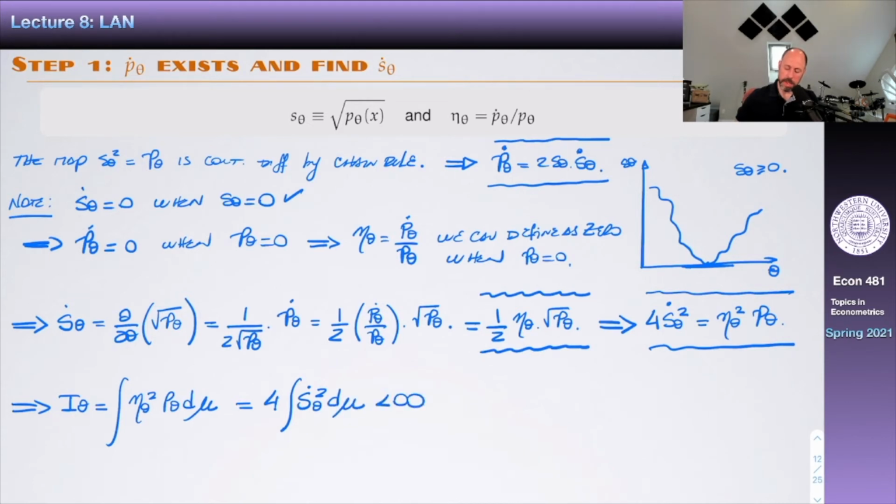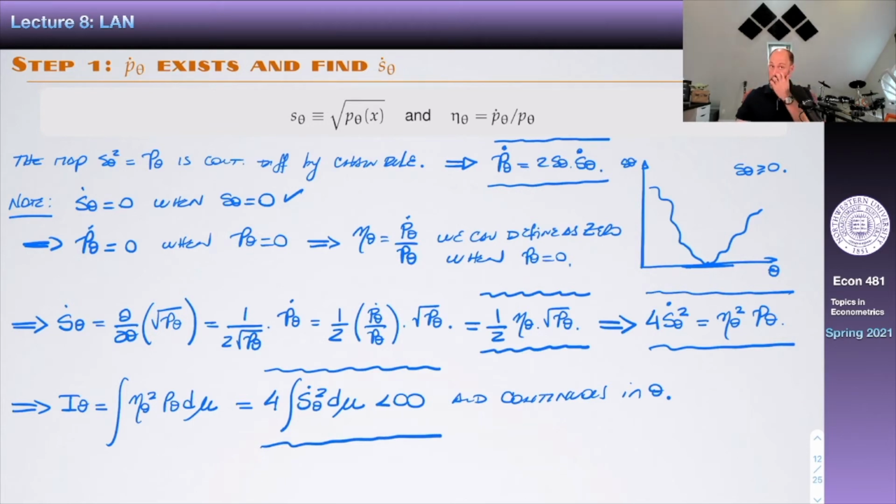And this is finite and continuous in theta. Okay? So that's that. That's the first part of the proof.